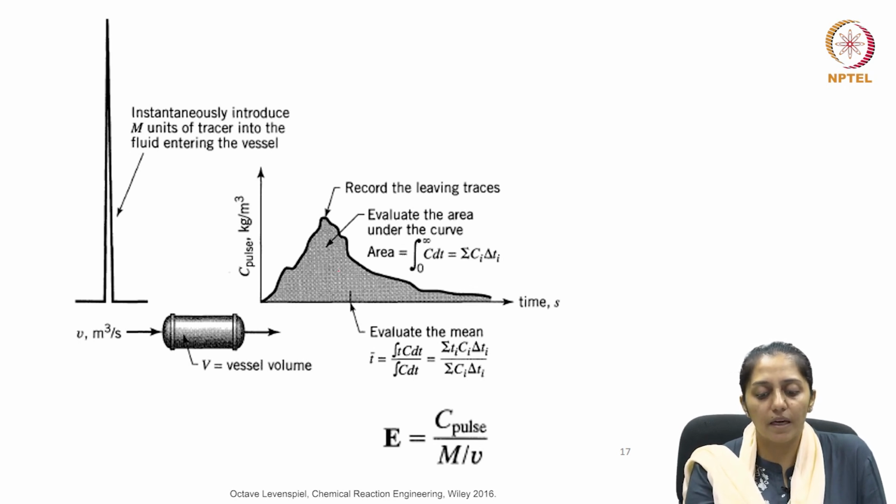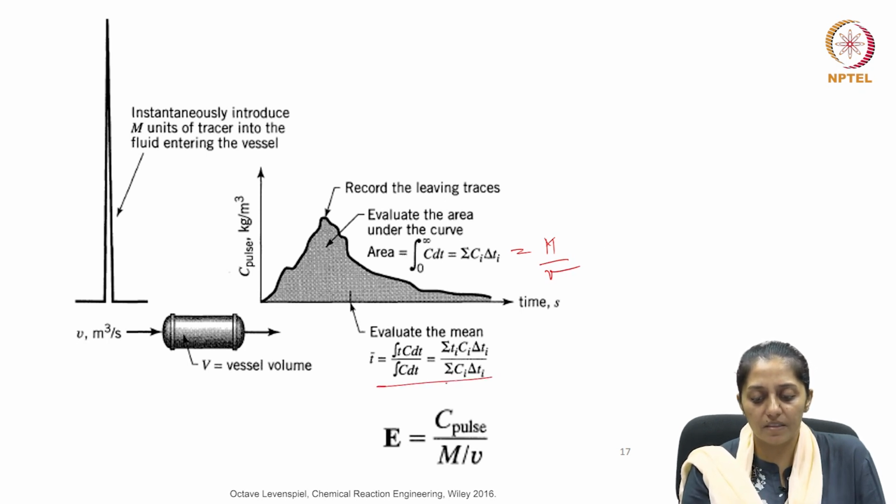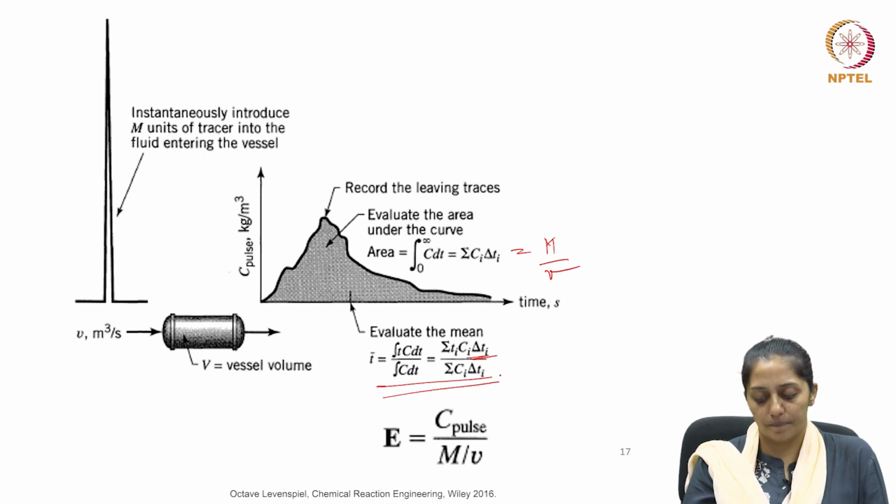The area under this curve is nothing but m by small v, and the mean residence time can be given as the summation of ti Ci delta t by the summation of Ci delta t. So your E curve can be obtained from the C pulse curve.